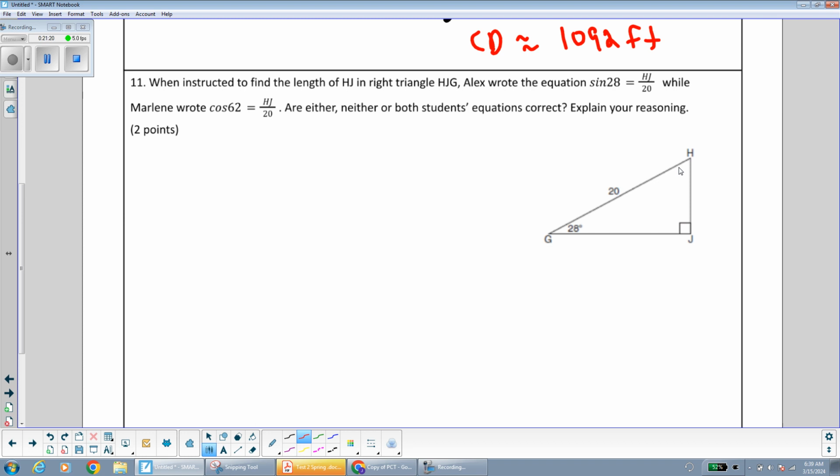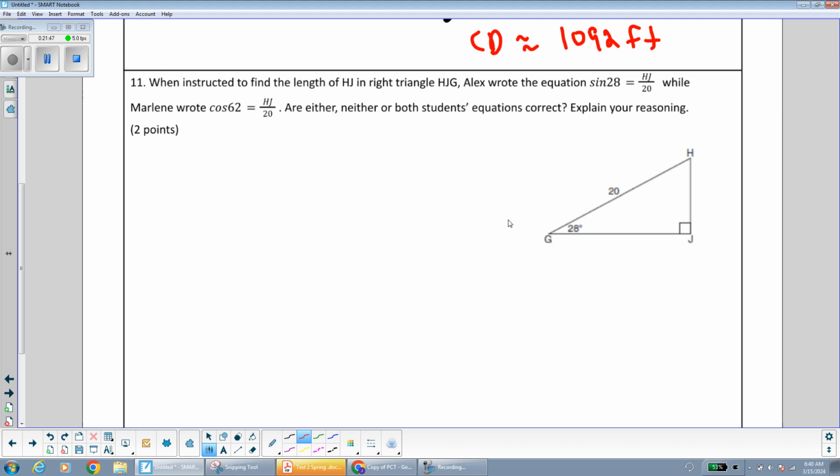And you can explain that sine of the 28-degree angle is opposite over hypotenuse, which is HJ over 20, and that cosine of the 62-degree angle is adjacent over hypotenuse, which from this angle would be HJ over 20. So they are both correct.